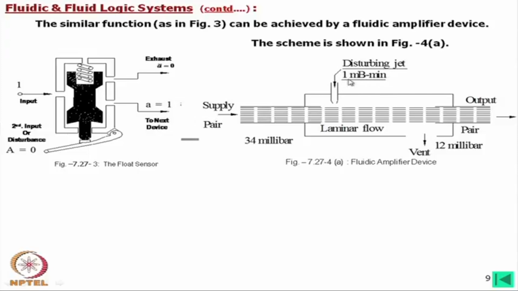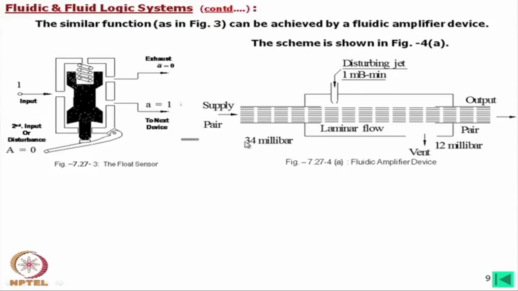Of course, it can be slightly higher, but you need at least 1 millibar, and when this disturbance is on the fluid, you can see that it is being bent, and at 12 millibar this pressure is not there. Now, as I told you, if you would like to use this air source to drive something, it needs amplification.